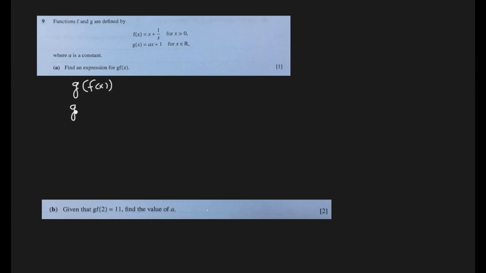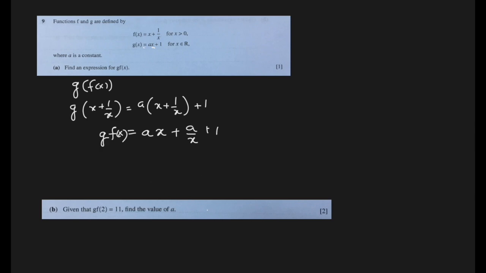In other words, we substitute the value of f(x), which is x plus 1 over x, into g. In place of this x, now we write x plus 1 over x, and then we have plus 1. This is the expression. Do we want to open it? Let's open this if they want it. ax plus a over x plus 1, that is gf(x).